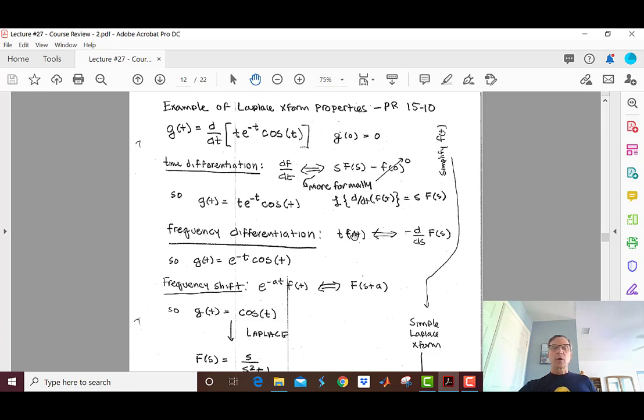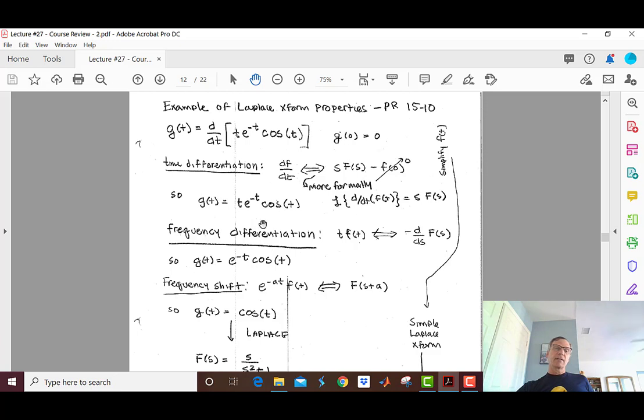So what do I see? My function looks like a t times f(t), right? t, f(t). So I'm going to forget about the t because I can just do my differentiation with respect to s later, but I really just need the Laplace transform of e to the minus t cosine t.